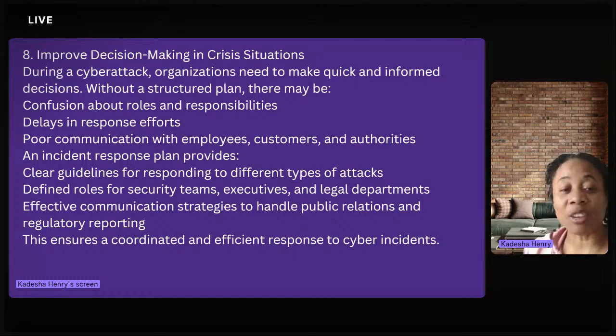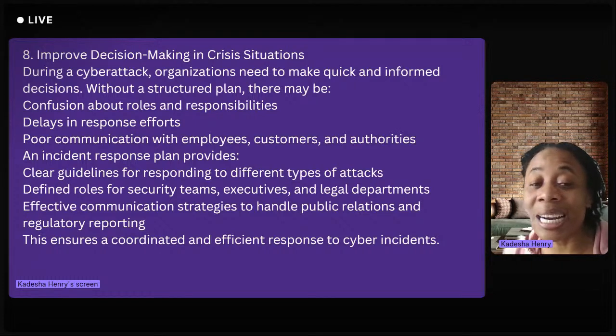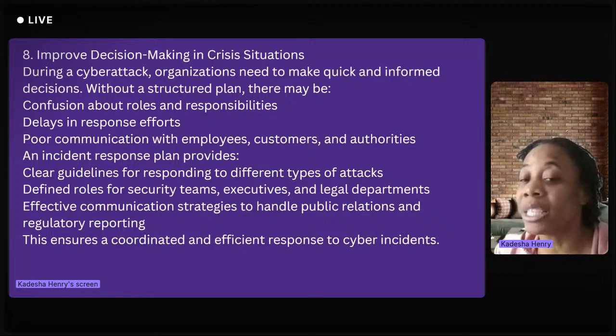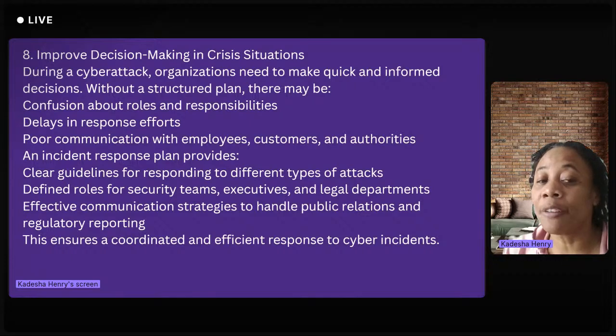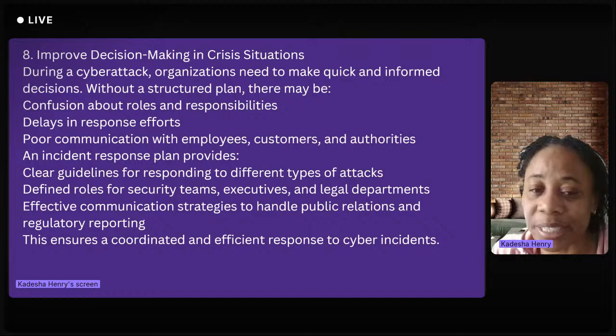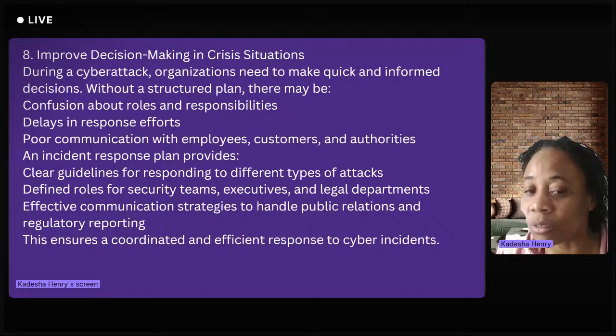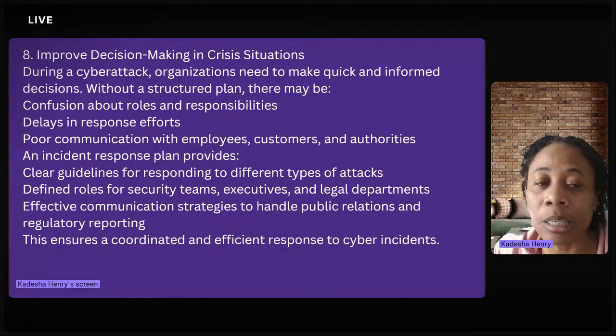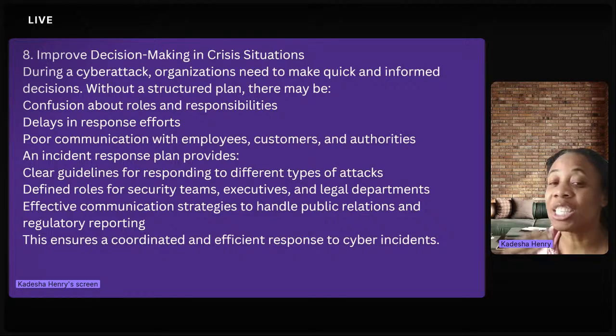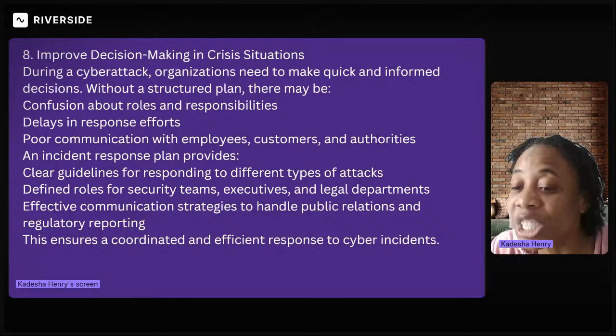Right? So the incident response plan is going to give you some clear guidelines for responding to different types of attacks. It's going to define the roles for the security team, what the security team needs to do, executives, legal department, how these connect, to make the process easier. Effective communication strategy to handle public relations.